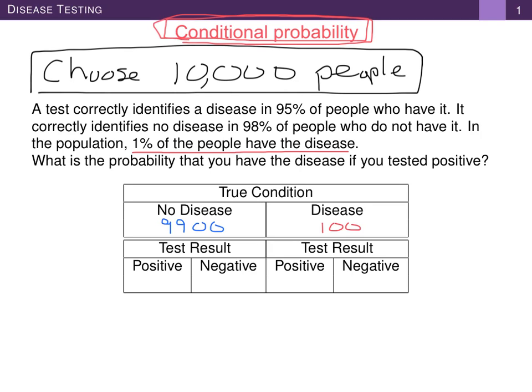A test correctly identifies a disease in 95% of people who have it. So of these 100, we are correct 95% of the time. 95 are going to test positive, 5 are going to test negative.